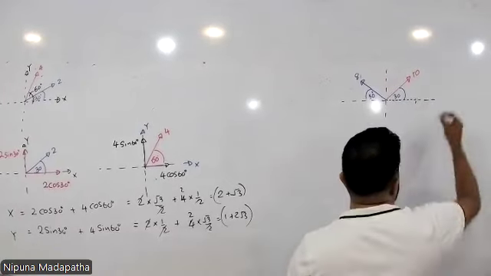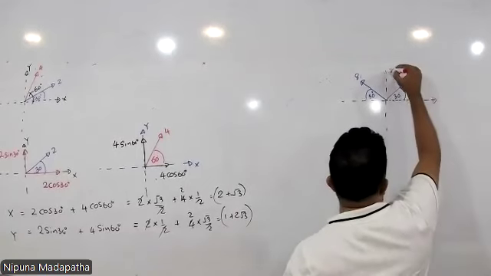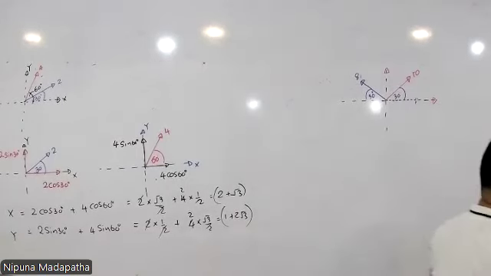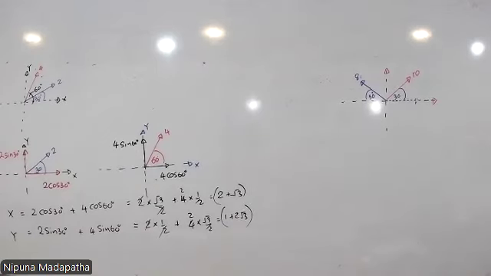Right, get the x and y components of this system. X and y. Get the algebraic sum of the components of the system here.